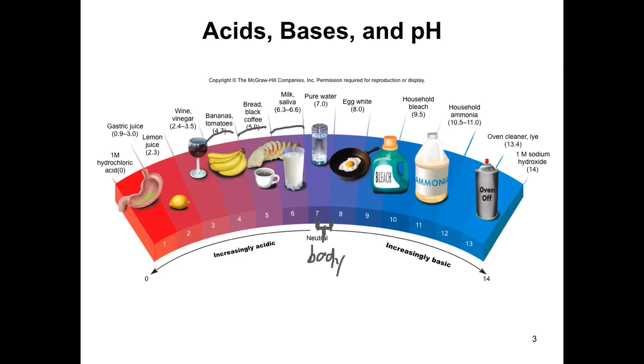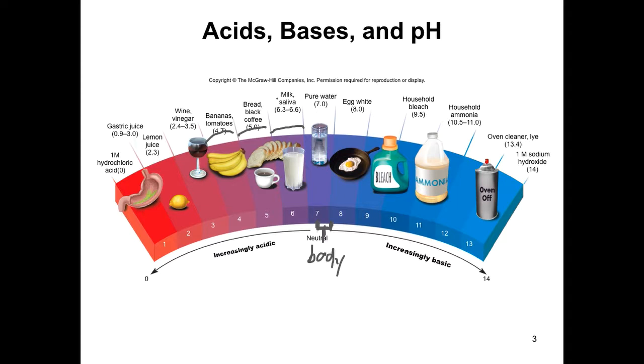So if milk has a pH of 6, it's a bit above that, but let's just say milk has a pH of 6, that means that it has a little bit of hydrogen ions. If coffee has a pH of 5, that means it has 10 times as many hydrogen ions as milk.